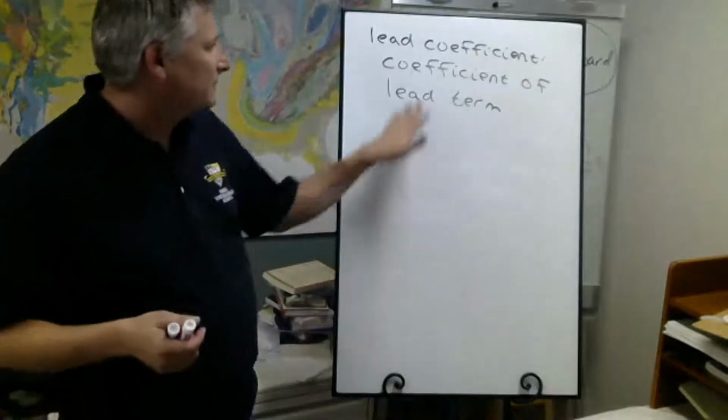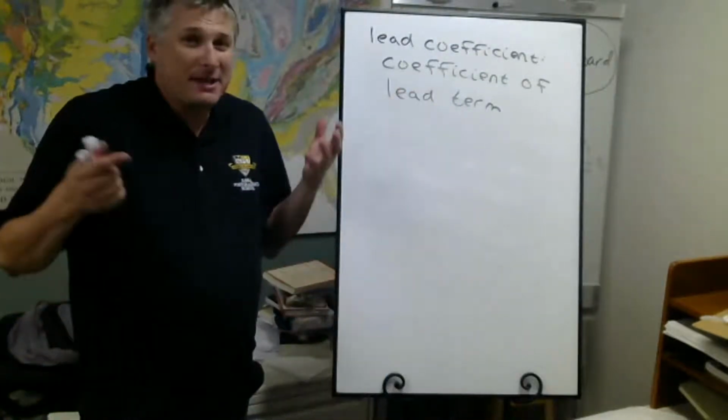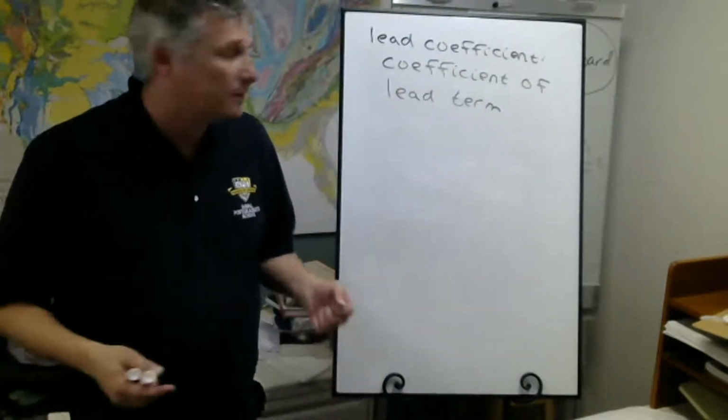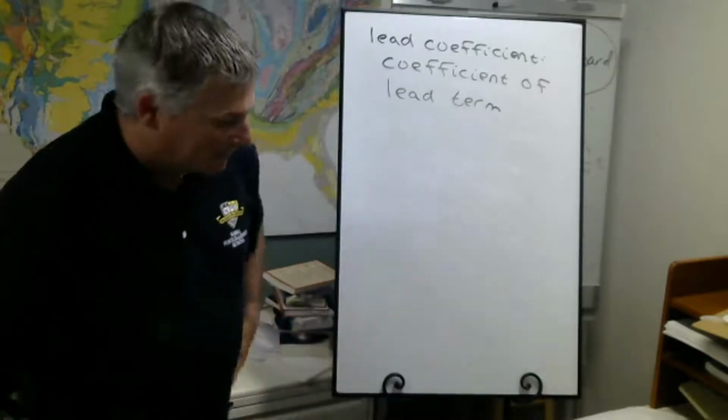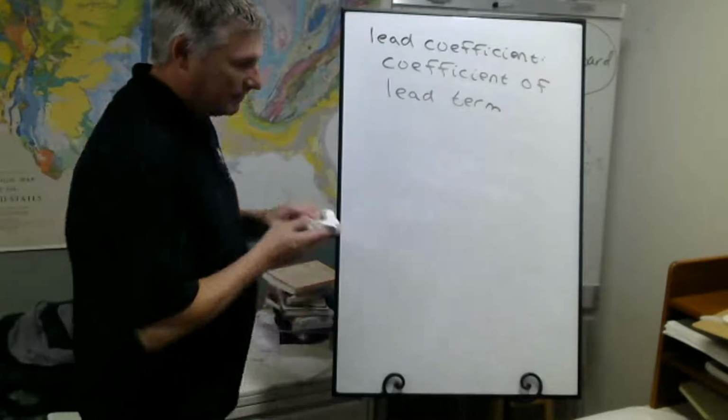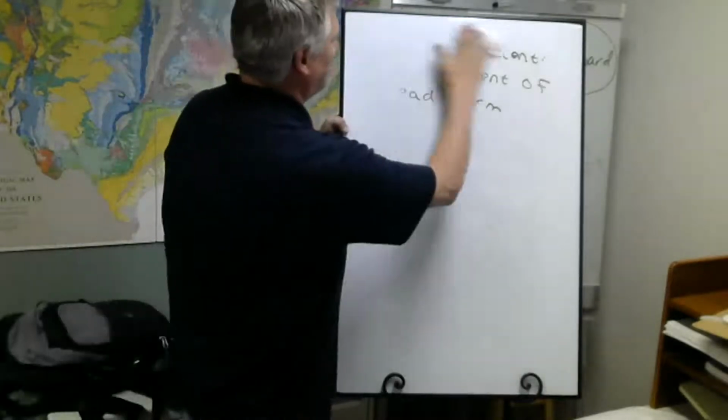Now this is going to become important later. When we get into graphing, this lead coefficient and the exponent of the lead term are going to be very critical.